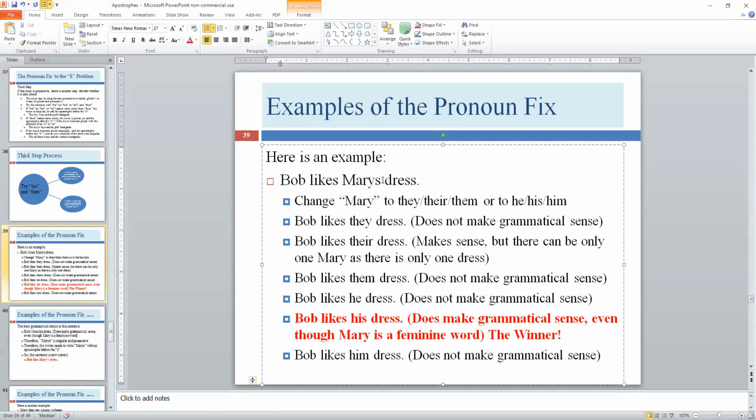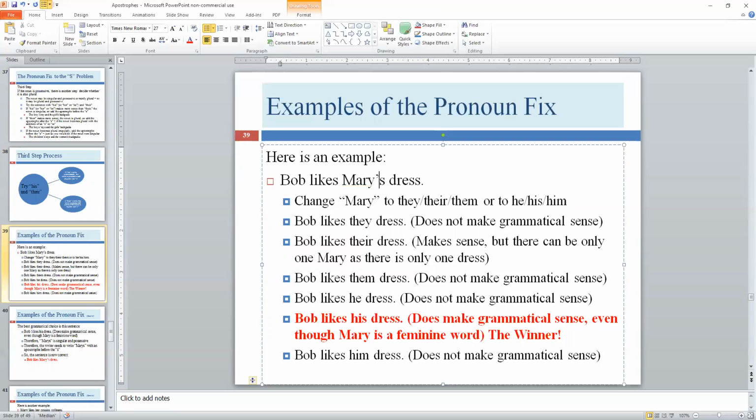Going back, another thing we could do, which I don't list here, is try the "of blank" construction. We'd have, Bob likes the dress of Mary. If that makes sense, that's another indication that when the word Mary is in front of dress, ending in an S sound, we're really looking at the genitive case.